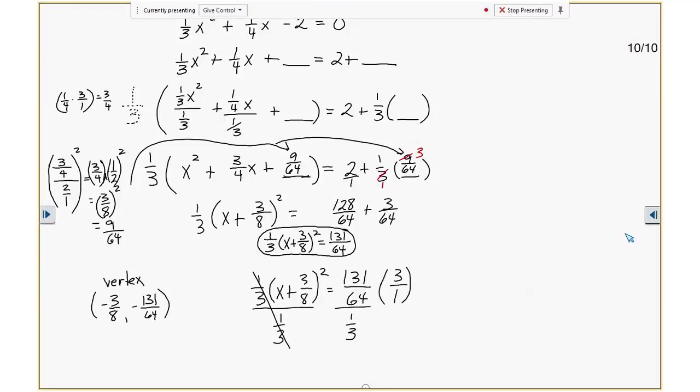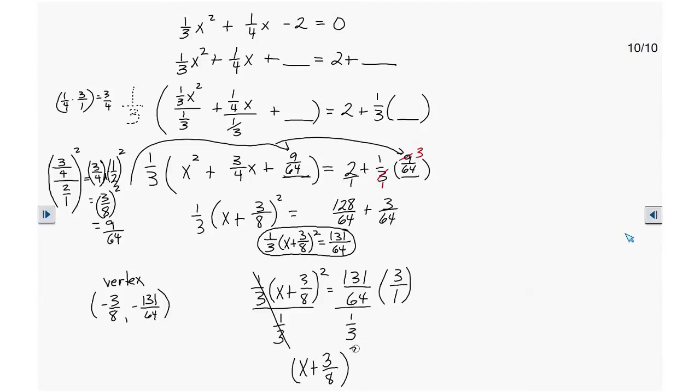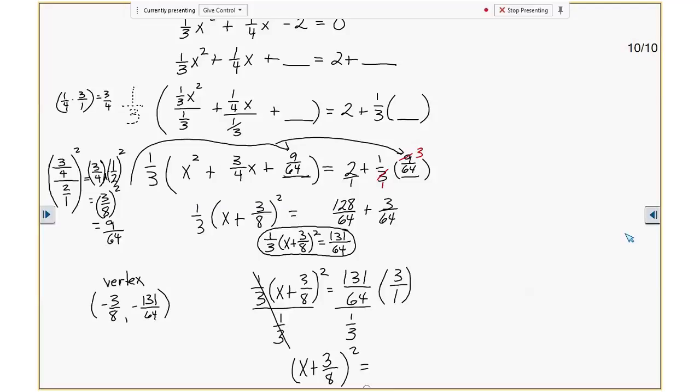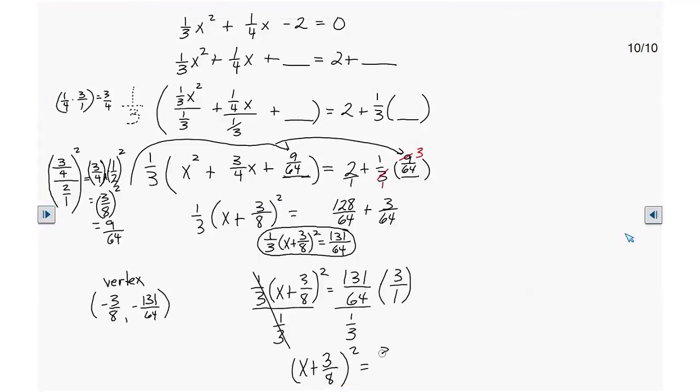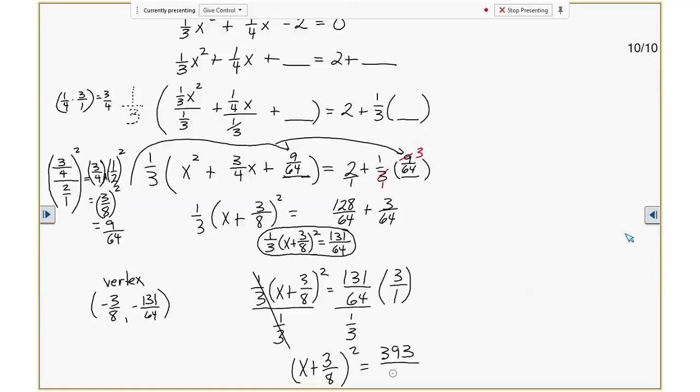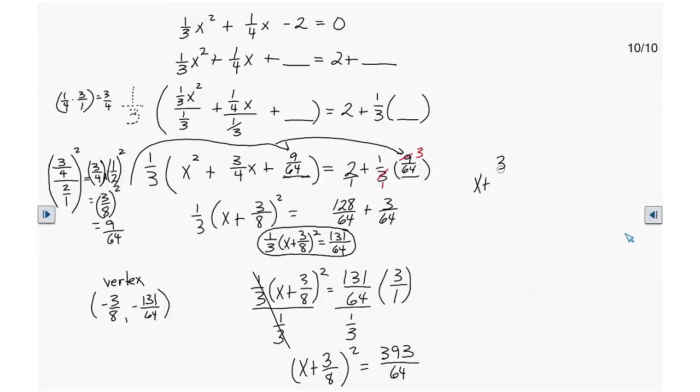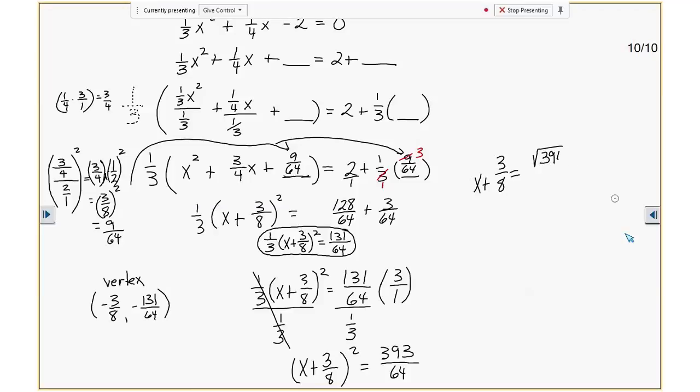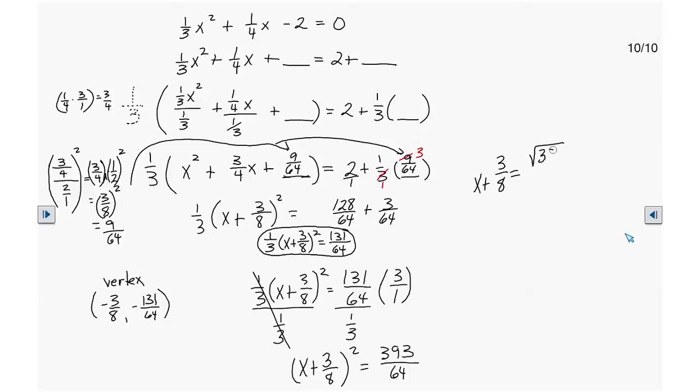And you get x plus 3/8 quantity squared is equal to, thank you, 393 over 64. Take the square root of both sides. X plus 3/8 is equal to, well, 393, I'll just leave that there right now because I want to think about that a little bit. I don't want to use my calculator because I want to try to think a little bit. So I'm going to leave that as 393.